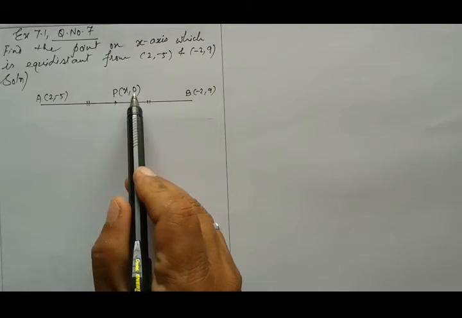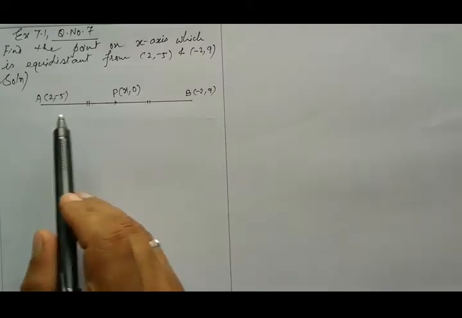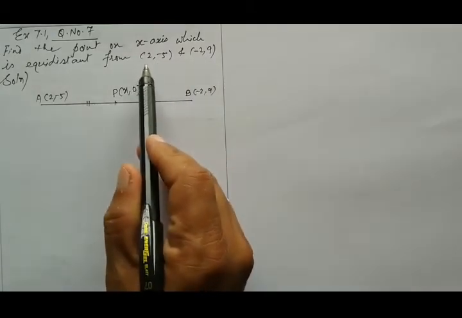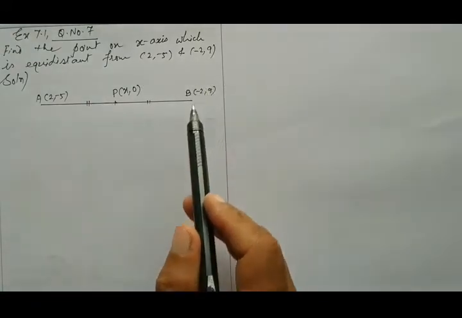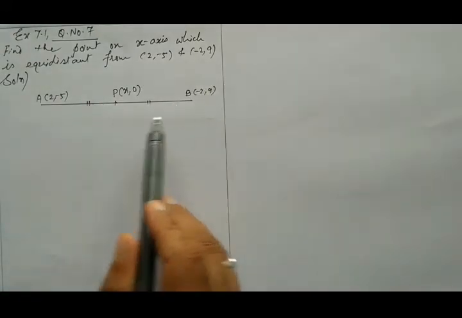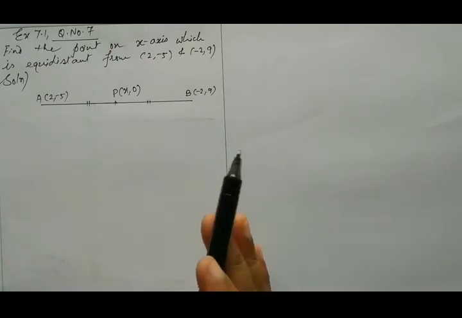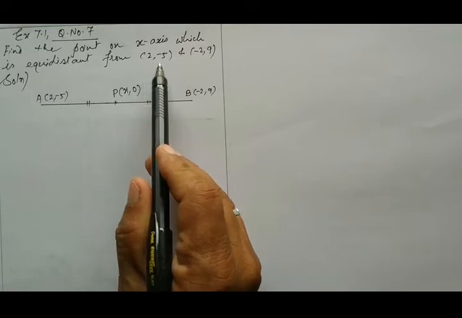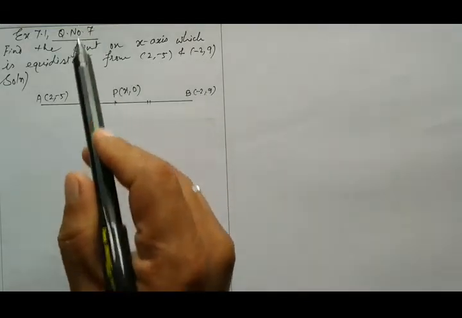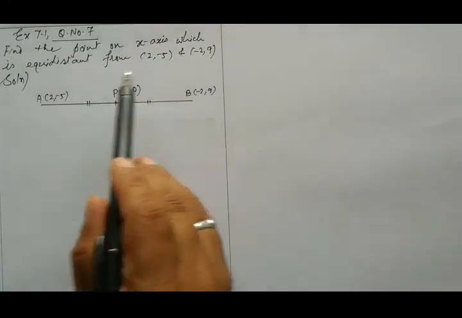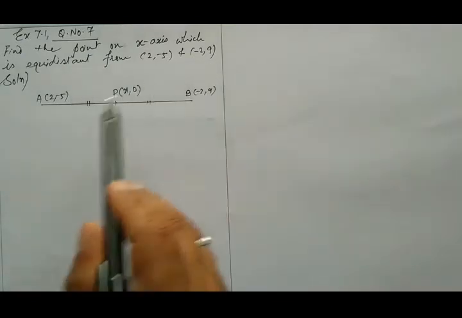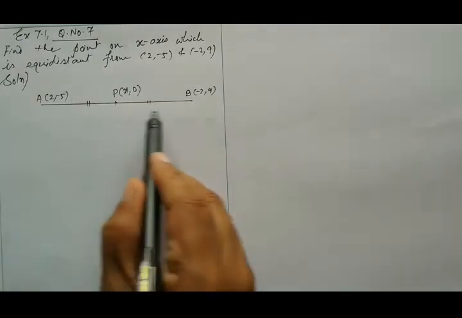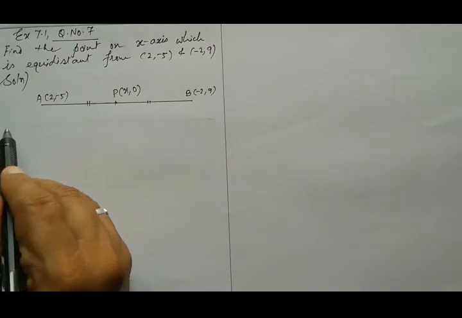So its y coordinate is 0, so x comma 0, and these 2 points I have named as A and B. If you actually draw the graph, then you will notice that this point is in the fourth quadrant, and this is in the second quadrant. So the graph will be something like this. But as per the data, it is equidistant from this and this. So a diagram is not necessary to draw in exam.